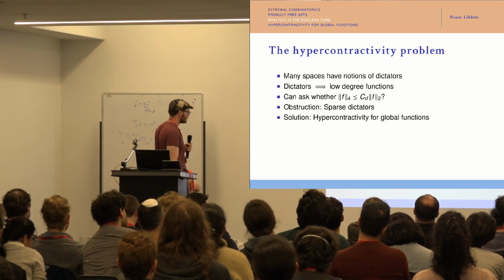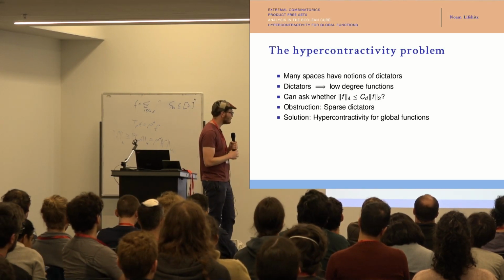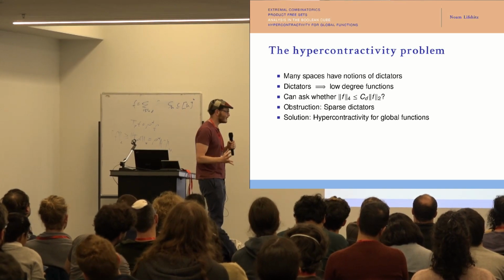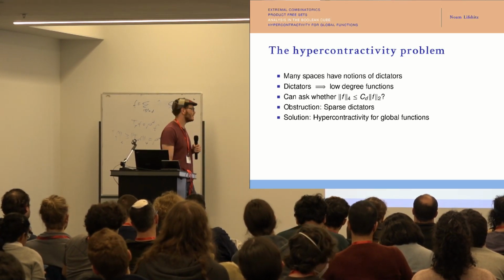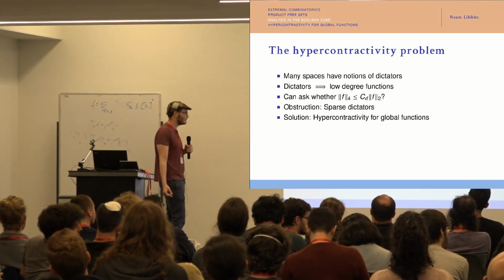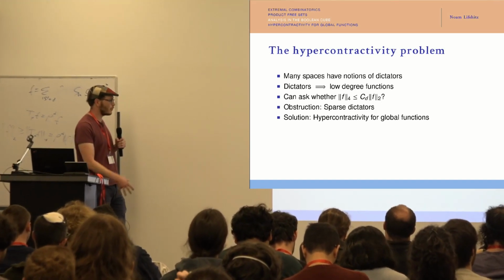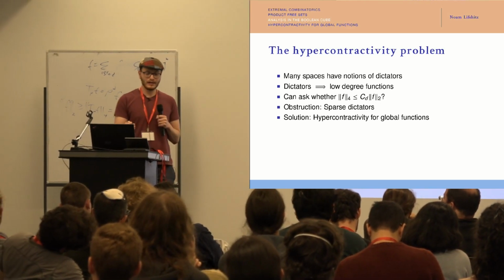Okay, so what did we have so far? We talked about the fact that many spaces have notions of dictators. And once you know what dictators are, you can define what the low degree functions are. They are the linear combinations of products of the dictators. And then we can ask whether low degree functions are smooth, whether the 4 norm of a low degree function is at most a constant times its 2 norm.